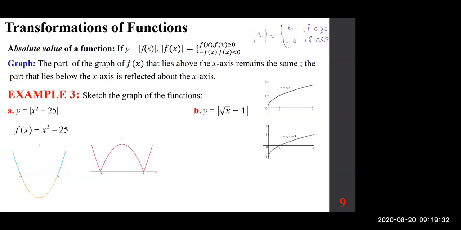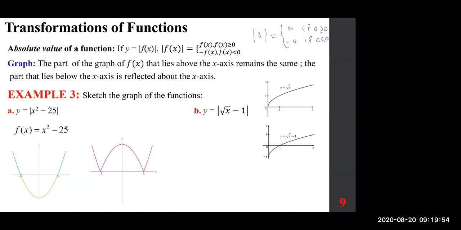So step 1, the basic elementary essential function of y equals square root of x. Step 2, shift it down by 1 unit.